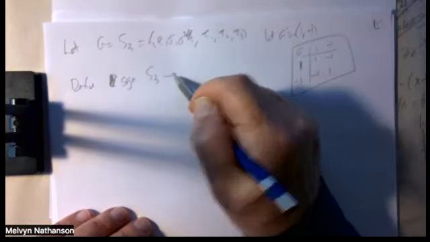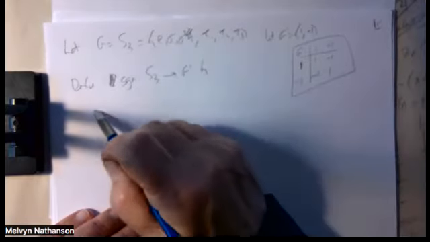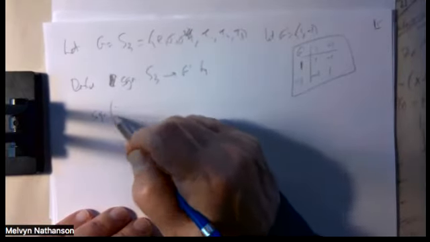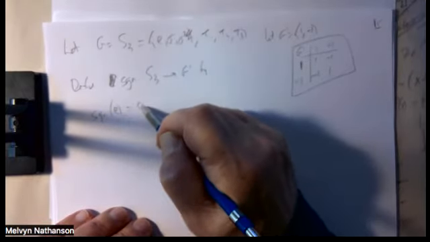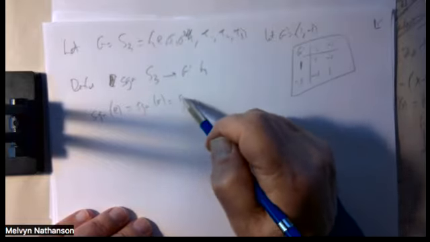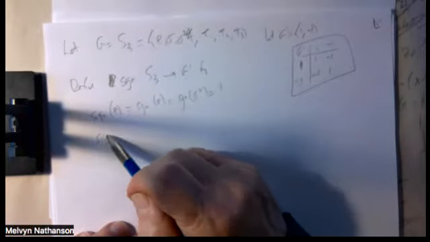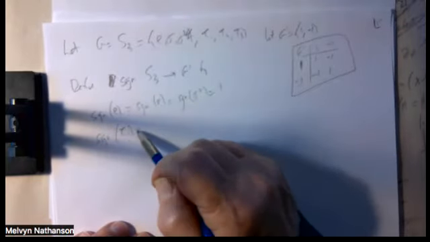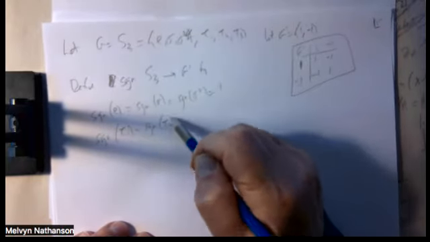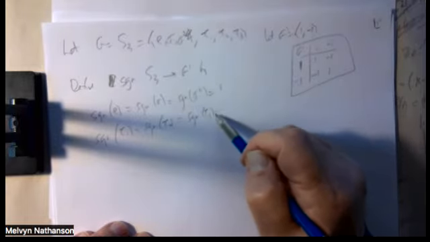From S3 to G prime as follows: the sign of the identity, the sign of sigma, and the sign of sigma squared is 1, and the sign of the three transpositions is -1.